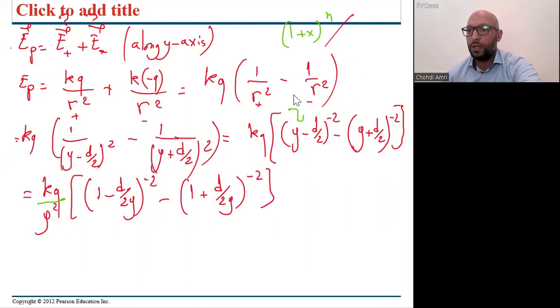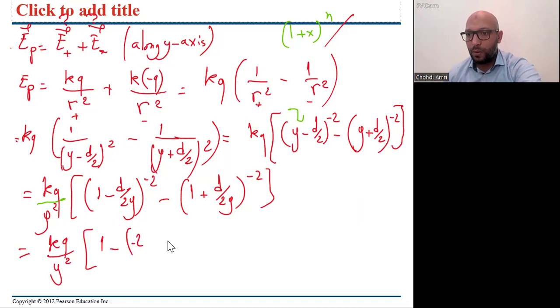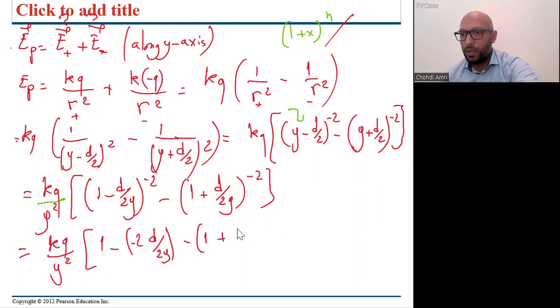And like that, we got this binomial expansion. In this case, it will be kq over y squared multiplied by 1 minus minus 2 d over 2y, minus 1 plus d. Okay, so here what do you have? We have minus 2 also.